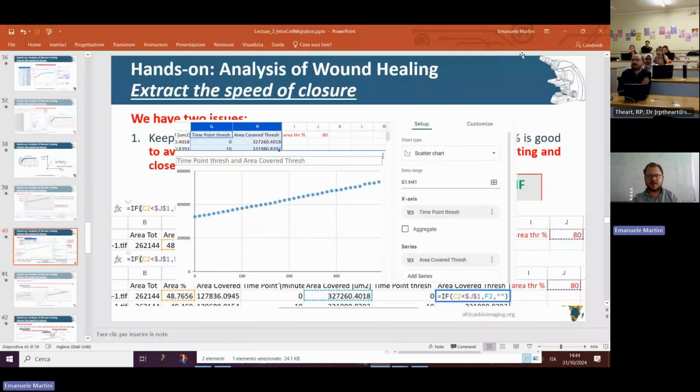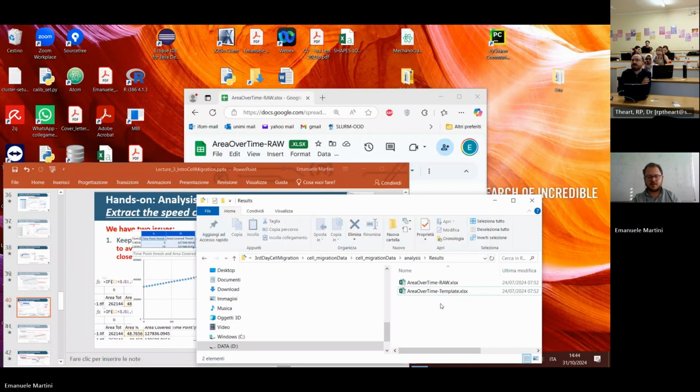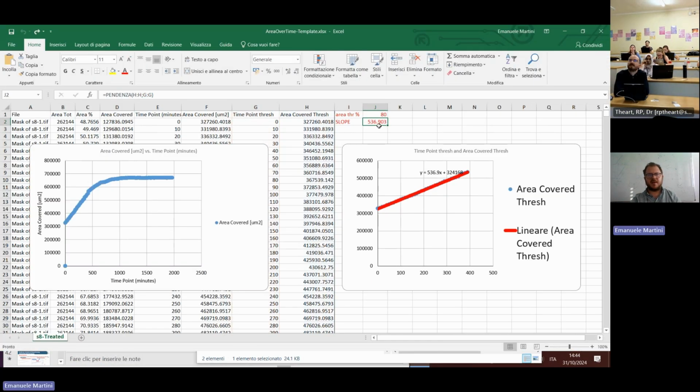Let me go back here to the Excel. You should obtain exactly the same number that you found when you did the trend line graphically.